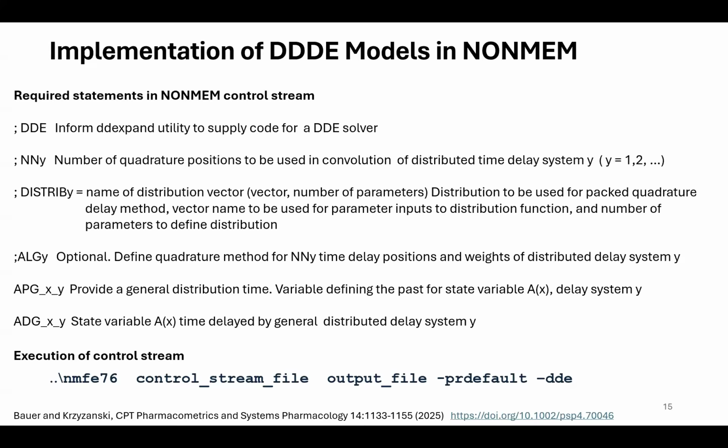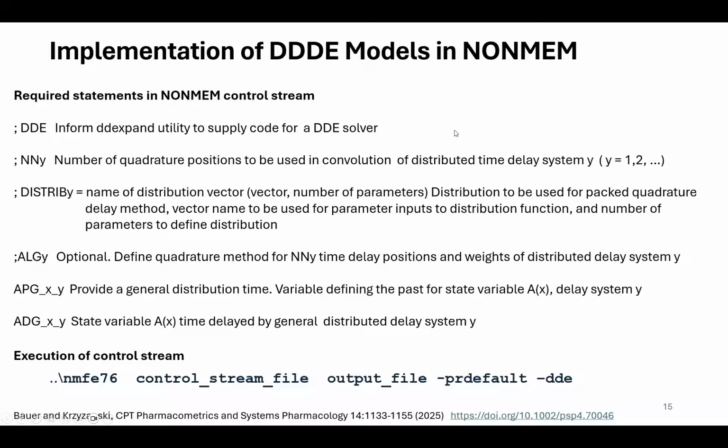The reason is that NONMEM asks users for additional choices, so that NONMEM would know how to calculate the convolution integral. There are several ways of calculating convolution integrals in NONMEM, and I will refer you to the tutorial that I wrote with Bob Bauer last year.